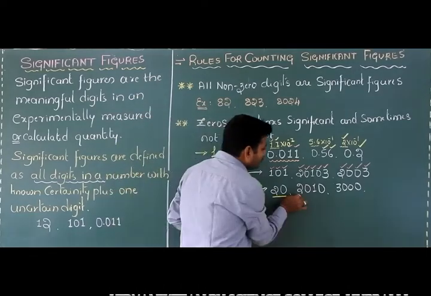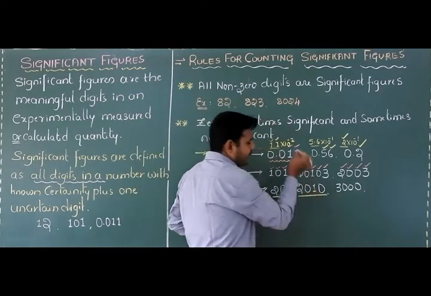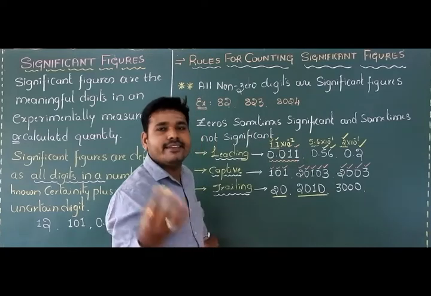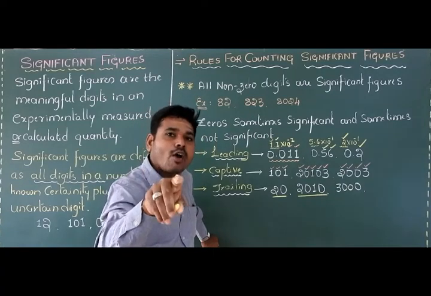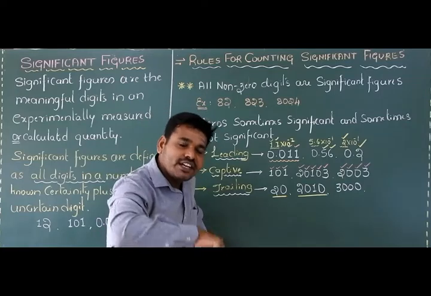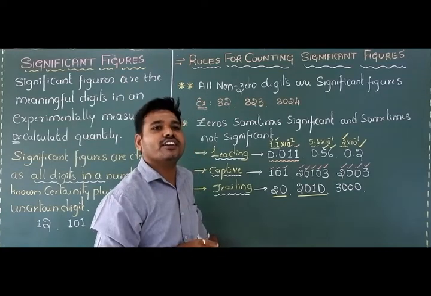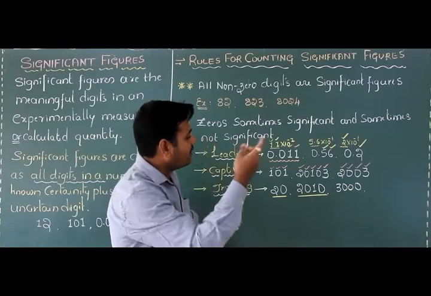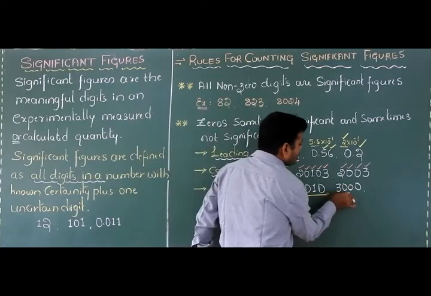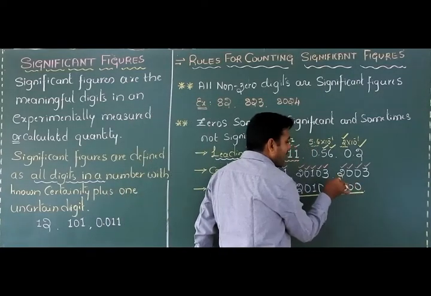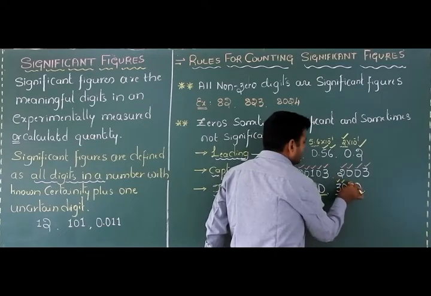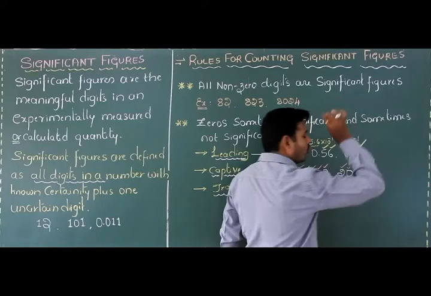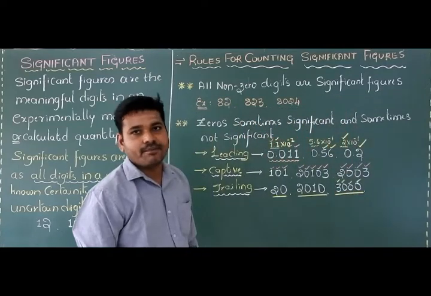Similarly, in the case of 2010, this number may have 3 significant figures and 4 significant figures also. And similarly, in the third case, 3000 may have 1 significant figure, 2 significant figures, 3 significant figures and 4 significant figures in it.